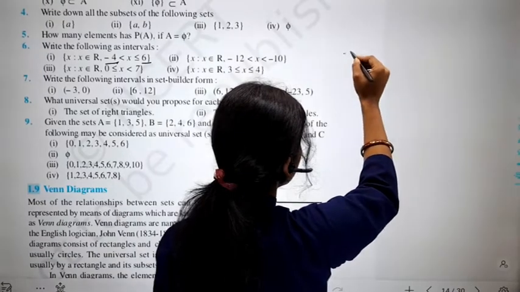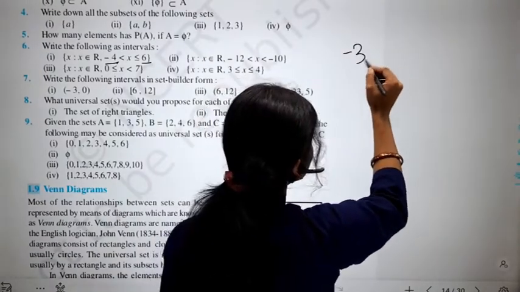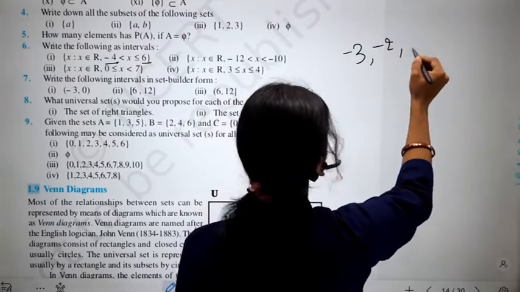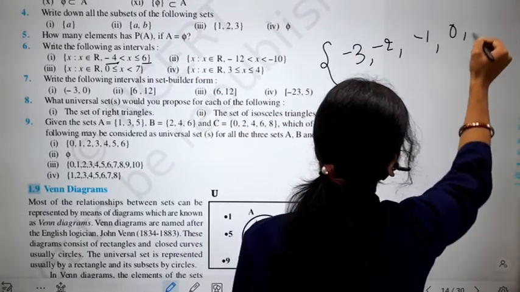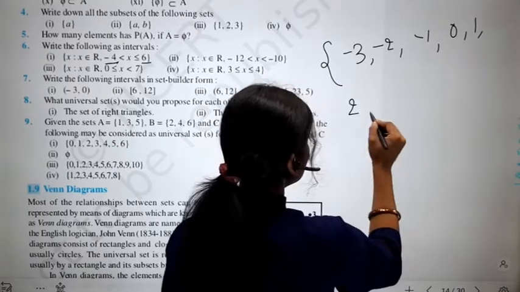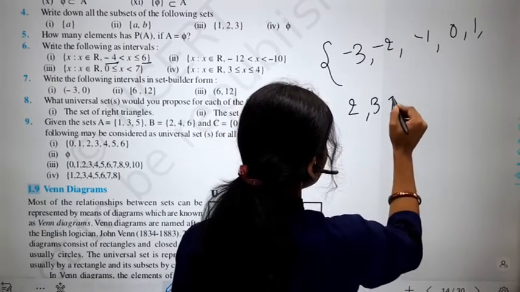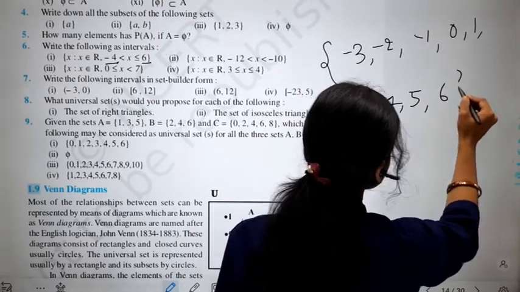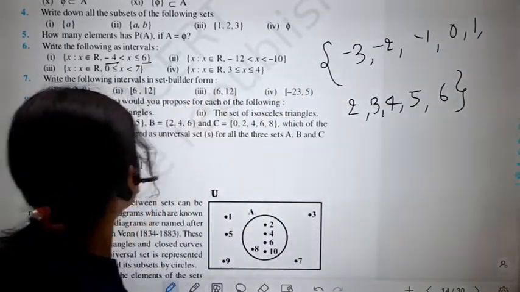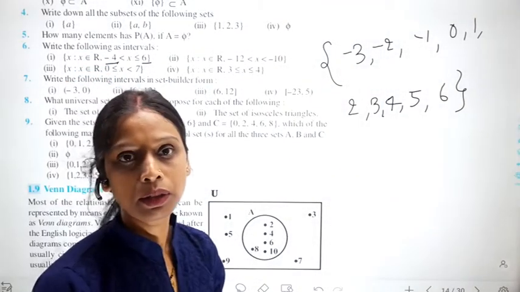Means -3, -2, -1, 0, 1, 2, 3, 4, 5 and 6 are real elements of this. Okay?